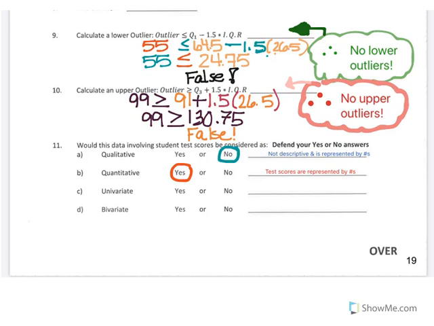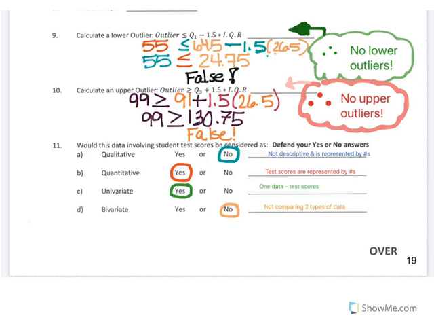Between univariate and bivariate, it could only be one of those two options, so this type of data is definitely univariate because it's dealing with one type of data, test scores. It cannot be bivariate because bivariate would have to be dealing with two different types of data in comparison.